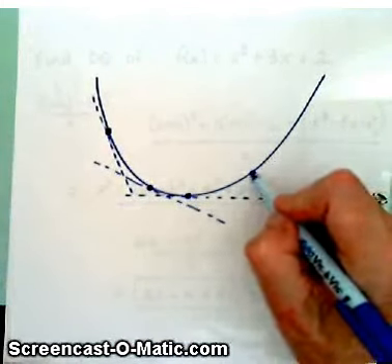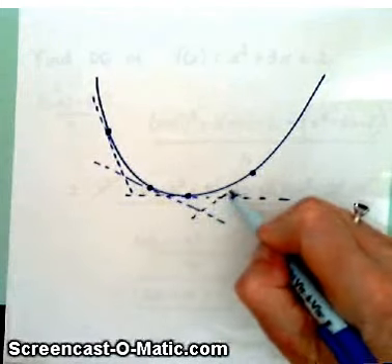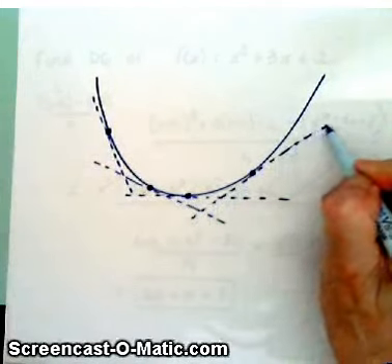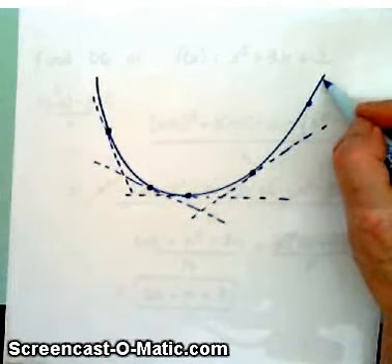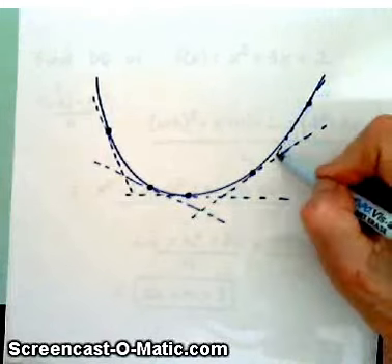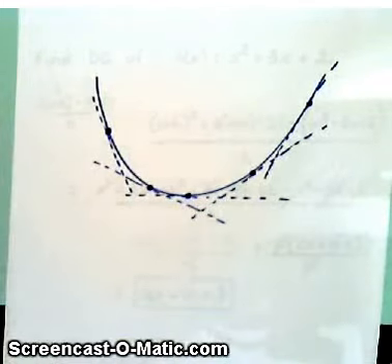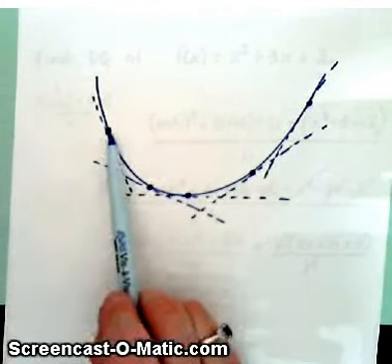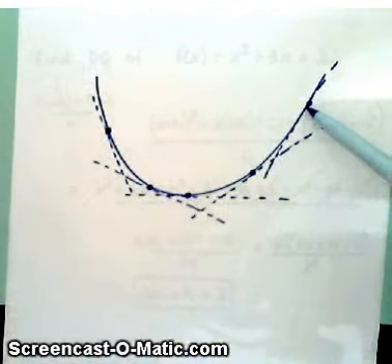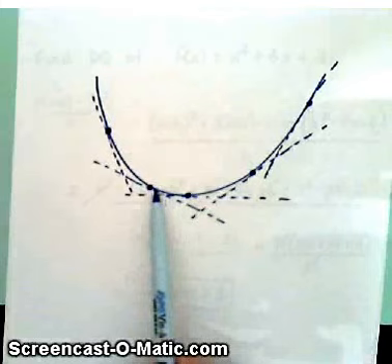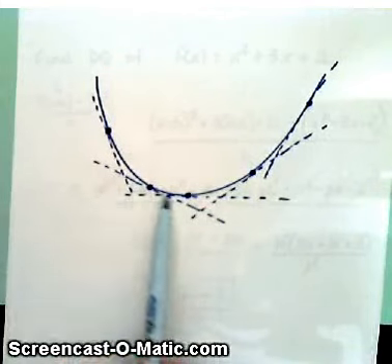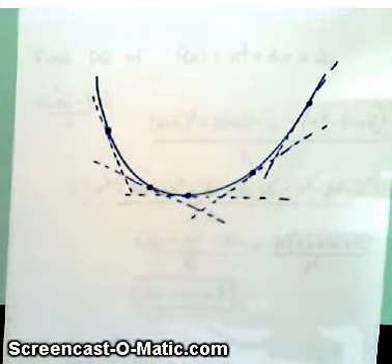But then I could continue around the curve, and you can see the tangent lines get steeper and steeper. What this is basically saying is, as you look at this curve, the point that you choose to evaluate, the slope is changing. If I pick this point, the slope is negative. If I pick this point over here, the slope is positive. If I pick this point, the slope is still negative, but much less steep than this one here.